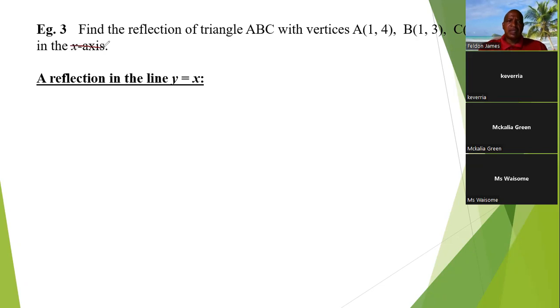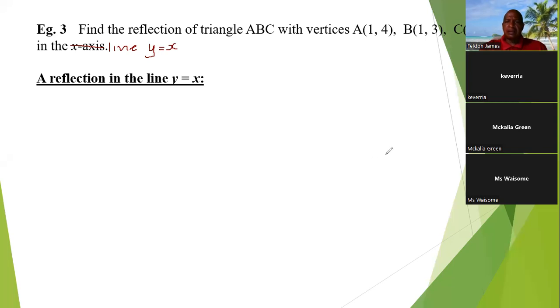It should be in the line y equals x. All right. So that's an error. I'll try to make that correction. All right, with that said, what are we going to do in this process, guys?